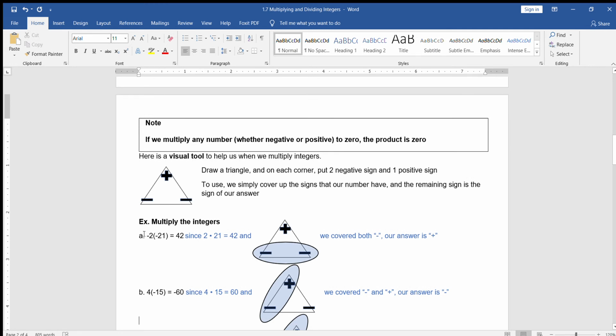Let's say we have negative 2 times negative 21. Again, we don't know the answer yet. Since 2 times 21 is equal to 42, and when we use the visual tool we cover one negative and another negative, so we cover both negatives, our answer is positive, since that's the only thing remaining.